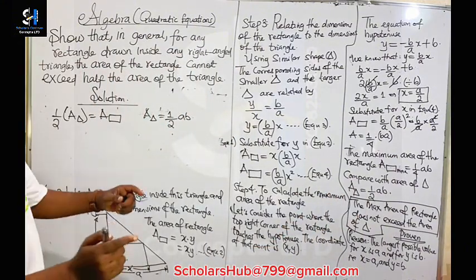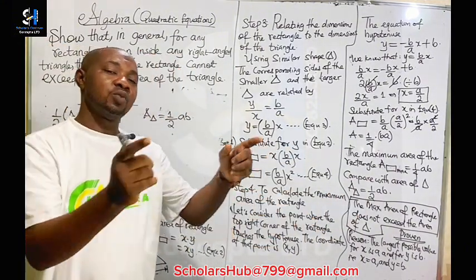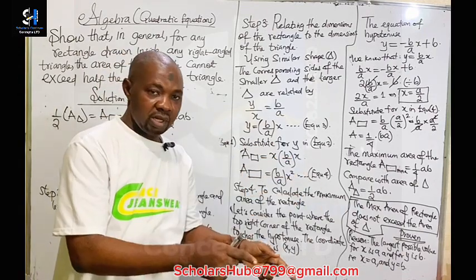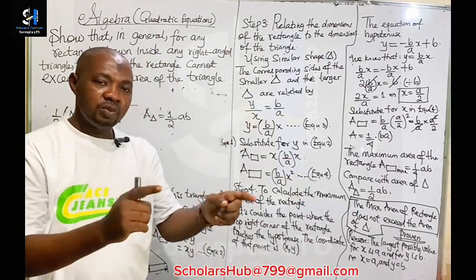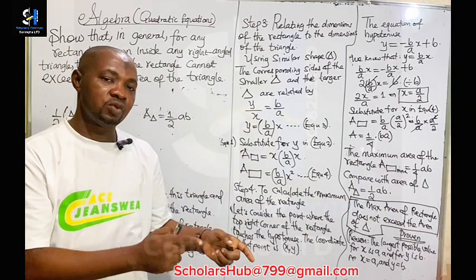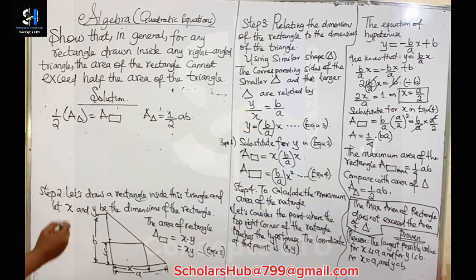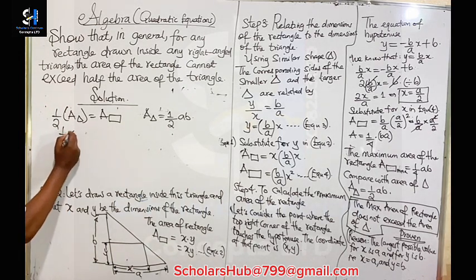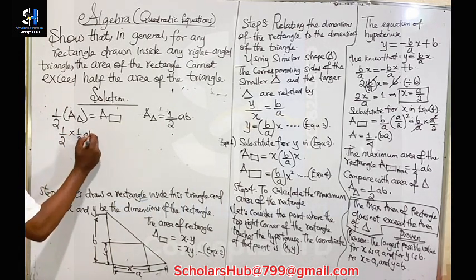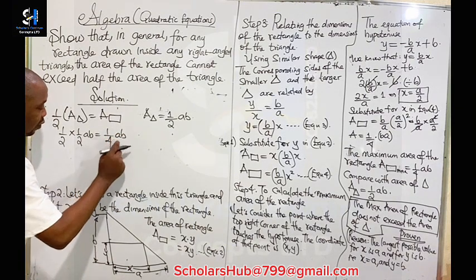So when the dimensions of the triangle are the same as the dimensions of the rectangle, the areas will not be equal, because the maximum area of the rectangle cannot exceed the area of the triangle. So this is 1/2 times 1/2 AB, which is 1/4 AB.